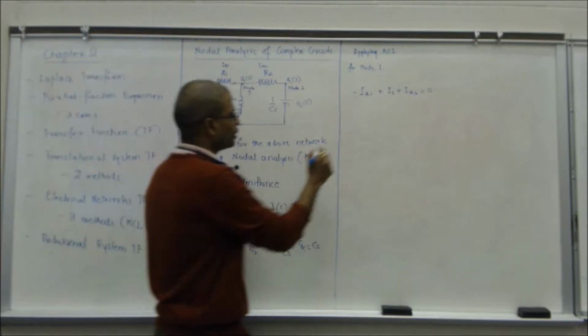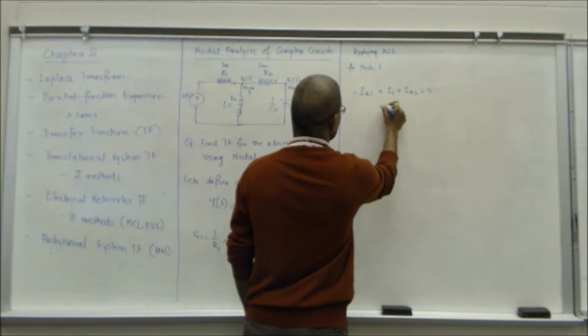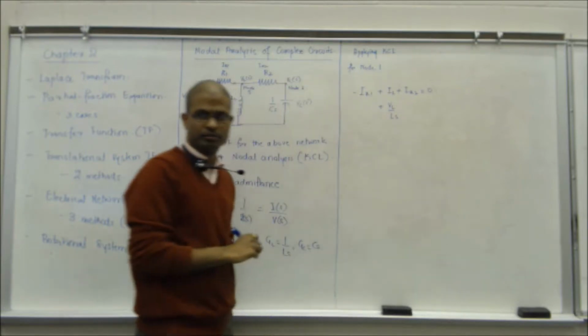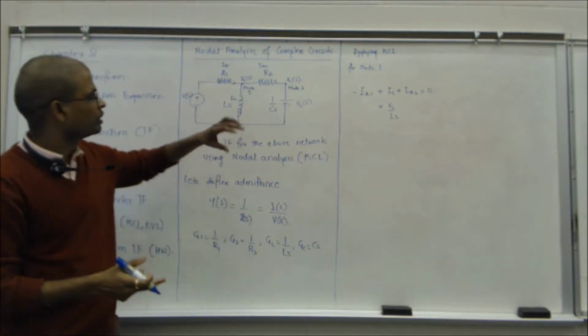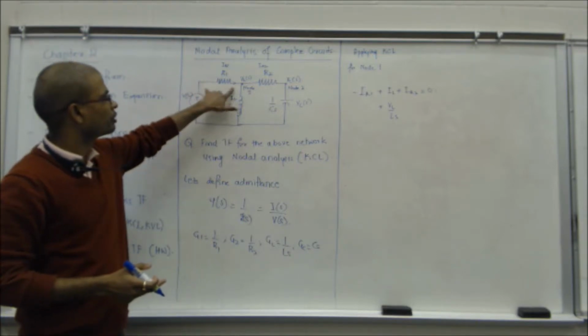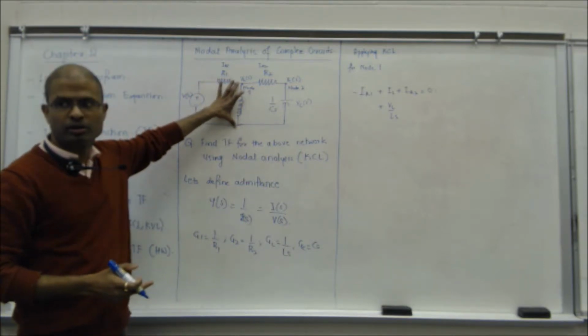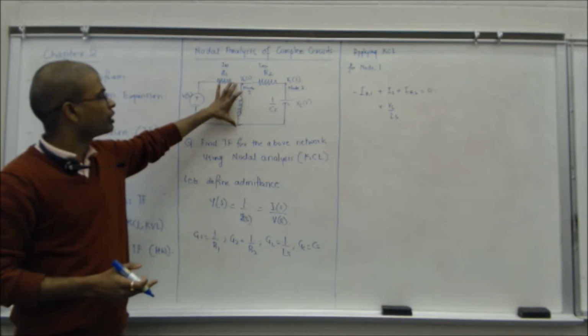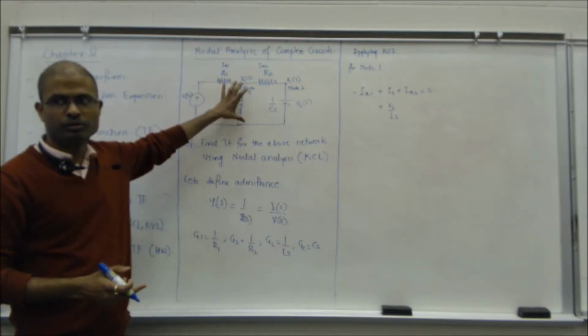VL is the voltage between these two nodes, right?